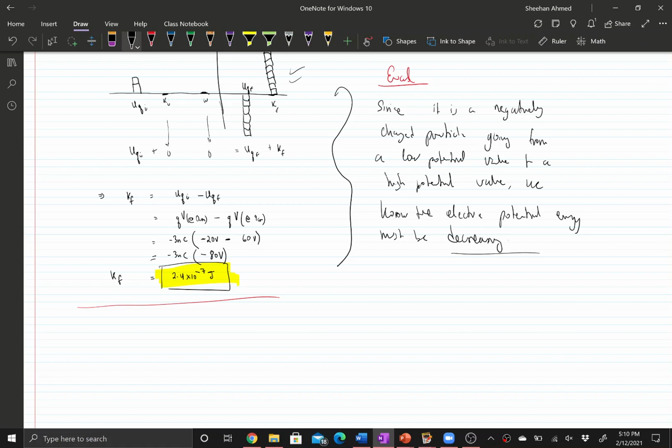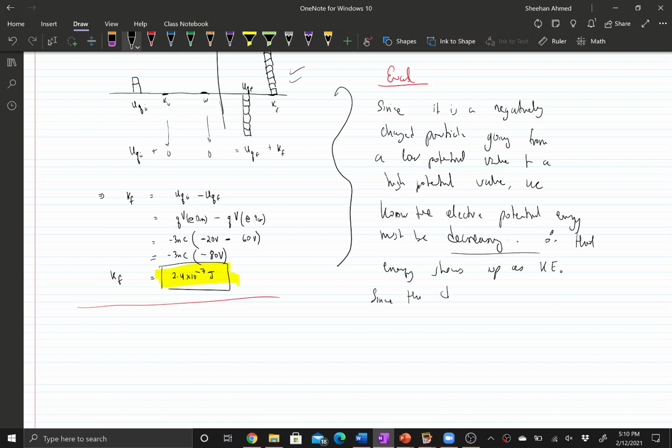It's the opposite for negatively charged particles. Therefore, that energy shows up as kinetic energy.